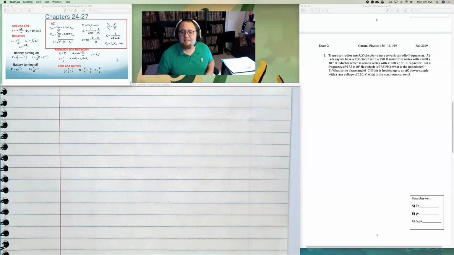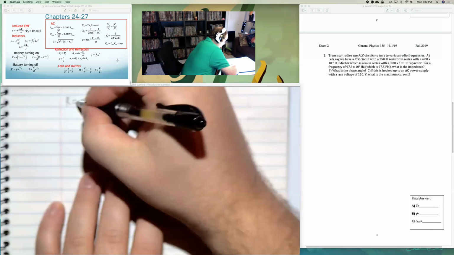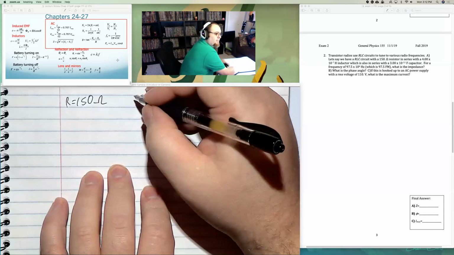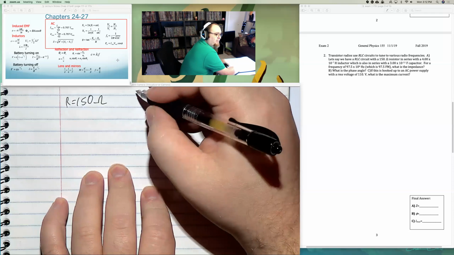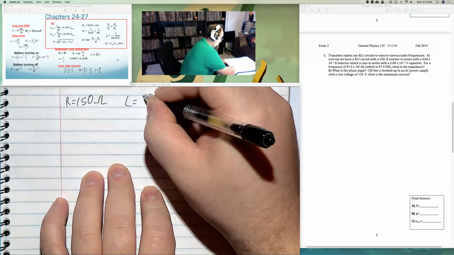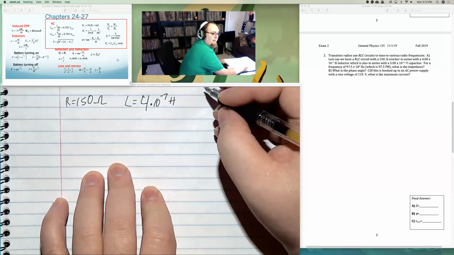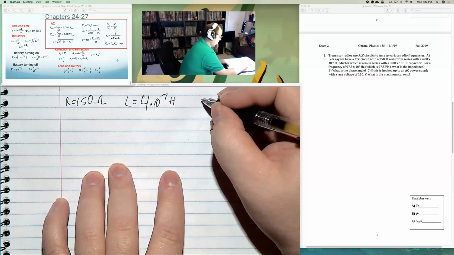What I asked last year was: transistor radios use RLC circuits to tune to various radio frequencies. Let's say we have an RLC circuit with a 150 ohm resistor, in series with a 4 times 10 to the negative 7 Henry inductor, the tiny inductor, and a 3 times 10 to the negative 11 capacitor.